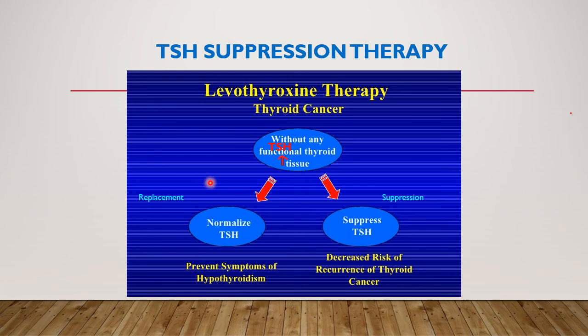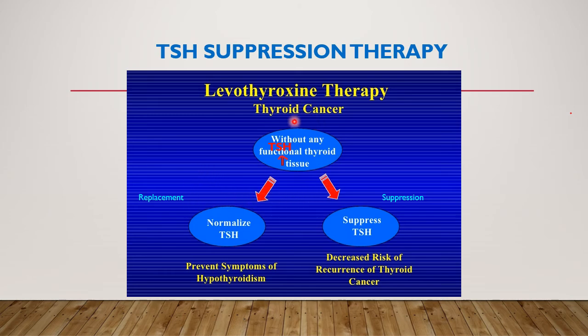In order to normalize the TSH, the patient has to be given replacement thyroxine therapy, which will not only prevent the symptoms of hypothyroidism, it will also stop the increased release of TSH to normalize its level.